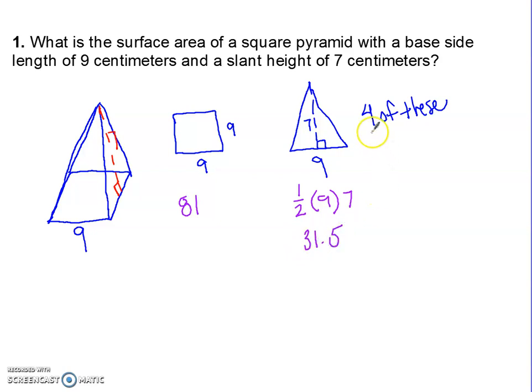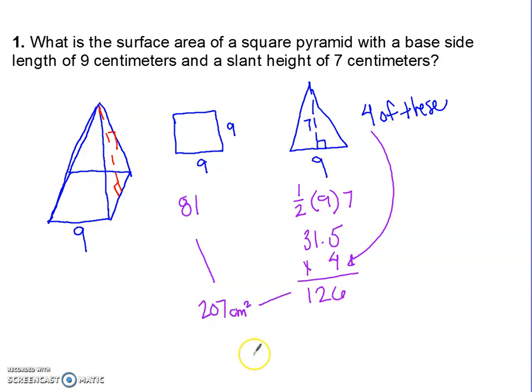But like we said before, there are 4 of these. So we need to multiply by 4. And I got 126. Now we've got all the parts. Now we need to add the parts together. And if I add the base with the 4 lateral faces, I'm going to get 207 square centimeters.